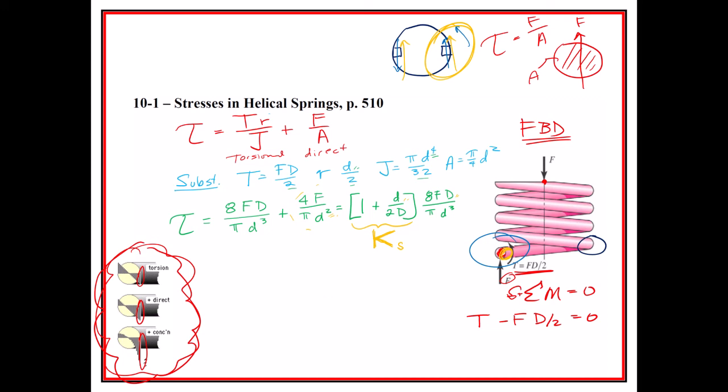And just to mess around a little bit with this stuff, we use the spring index. Remember, the spring index was big D over little d. Well, we can put those things into place by saying this big Ks is equal to 2D plus little d over 2 big D, and divide the top and the bottom by little d.